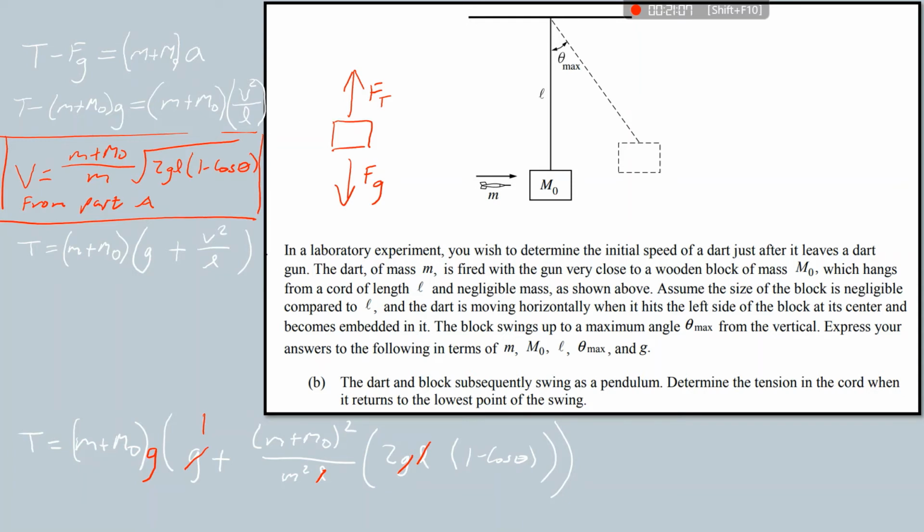Okay, so that leaves me with M plus M naught times G times 1 plus 2 times (M plus M naught over M) squared minus 2 cosine theta.